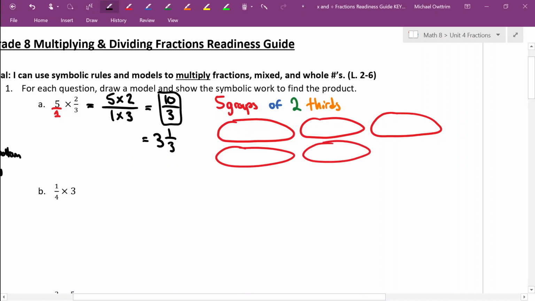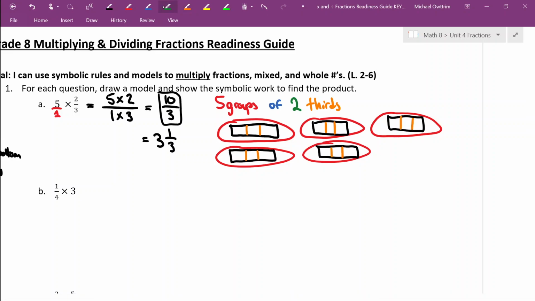In each group, I need 2/3. So I'm going to need 1 whole in each group. I need to divide those wholes into thirds, or 3 parts each. So 2 dividing lines make 3 parts. And I actually have 2 parts in each of those.